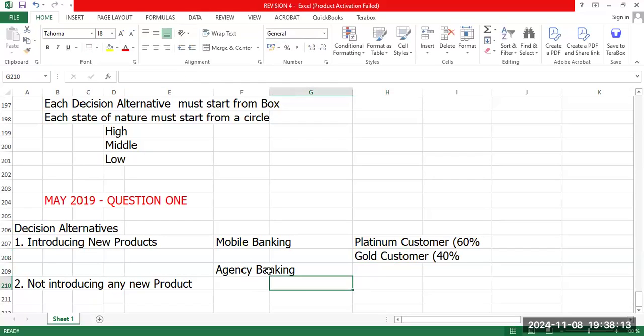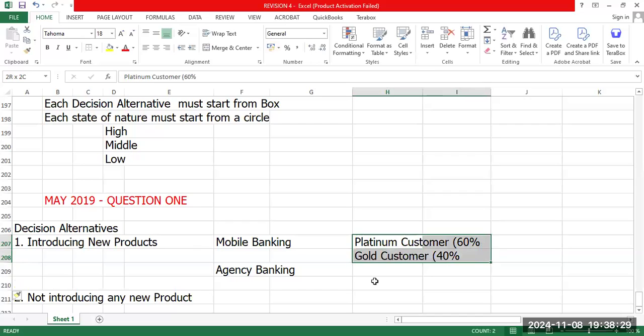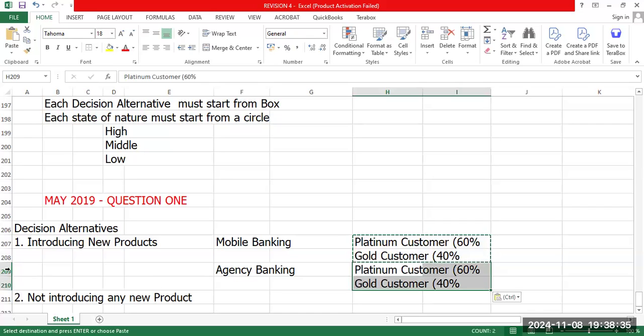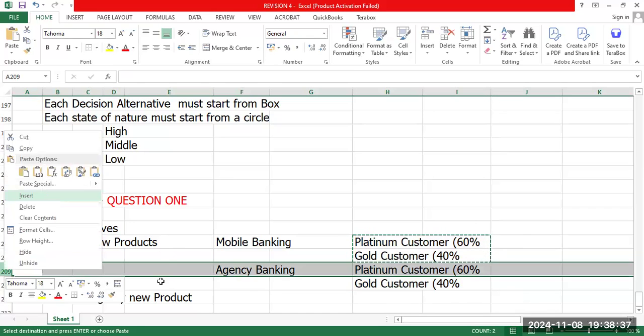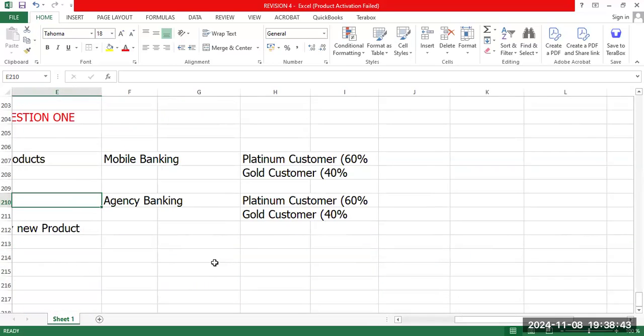Okay. This is not only for mobile banking. Even if you're now offering an agent's banking option, you expect these customers. Still, these ones will be also here. Now, you have now known the categories of customers and their corresponding probability.